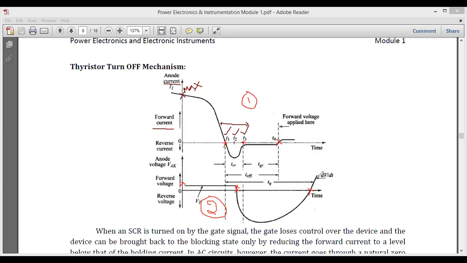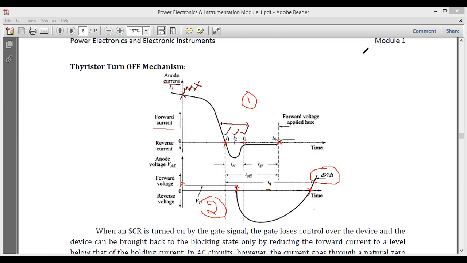Again it slightly increases at a rate of dv by dt, that is the change in voltage with respect to time t, the differential voltage. From that point to this point we call it tq. So these are the two graphs that are more important here to know when your SCR is getting turned off.